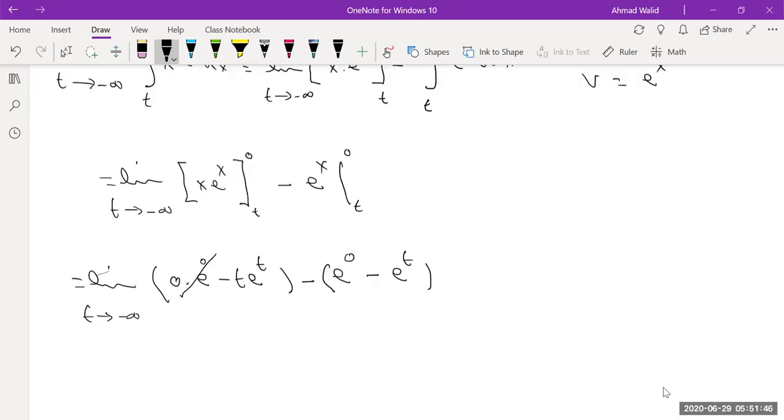This part becomes 0. Then you end up with limit t approaching to negative infinity, negative t e to the t. E to the 0 gives you 1, correct? Minus 1, and negative times negative gives you positive e to the t.